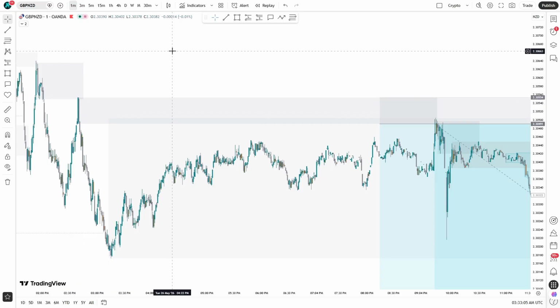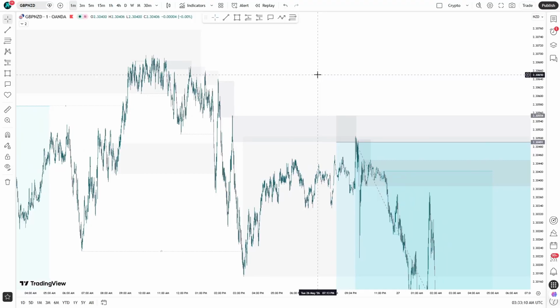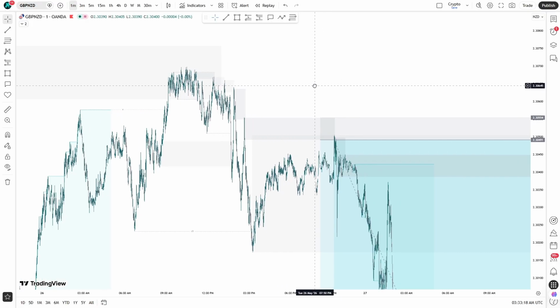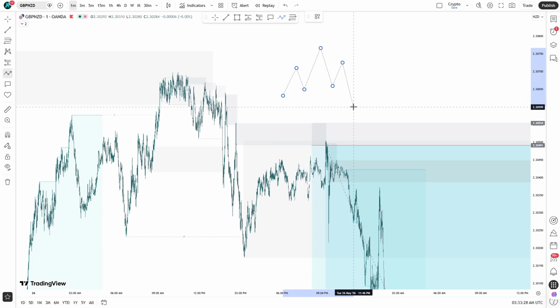This is what the actual entry looks like. This candle here. So this entry is what we call a CHoCH plus flip entry. In its nature, high, low, high, mitigation.